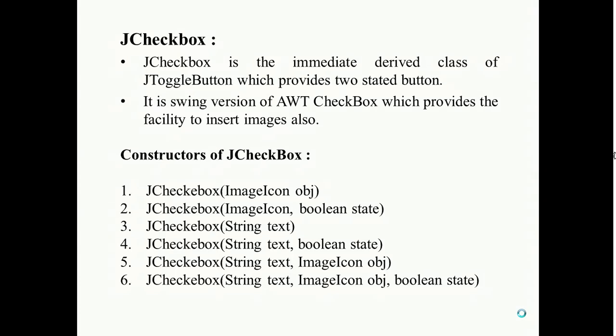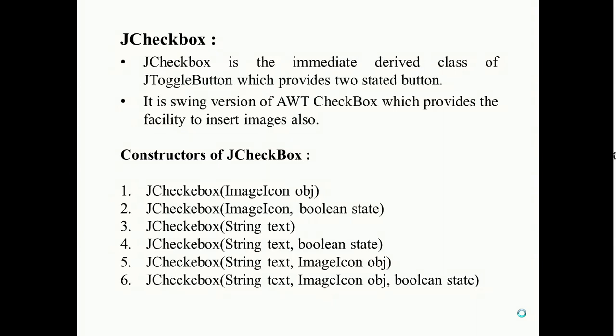It is a Swing version of the AWT checkbox which provides the facility to insert an image also. Swing supports inserting an image, but AWT cannot provide the facility to insert an image into the checkbox. So we can associate an icon, string or state with the checkbox.